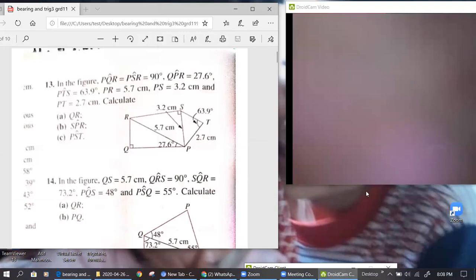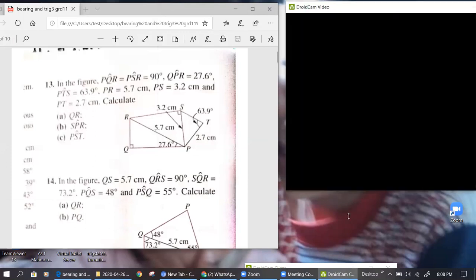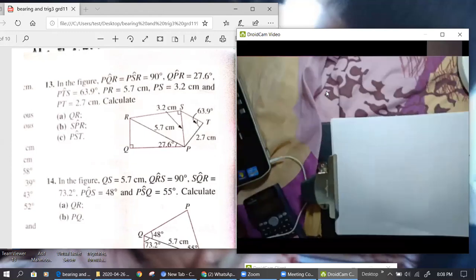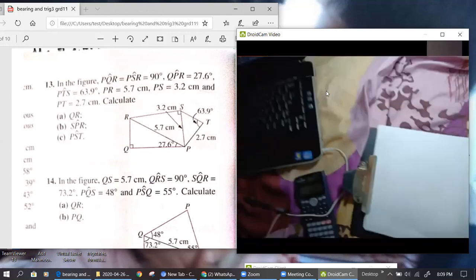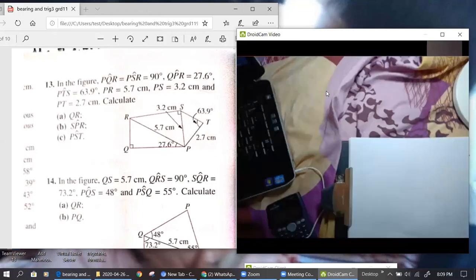Now see, this is your question. Now we try to solve this question. First of all, you will find PQ, right? Can you see how you can find PQ?